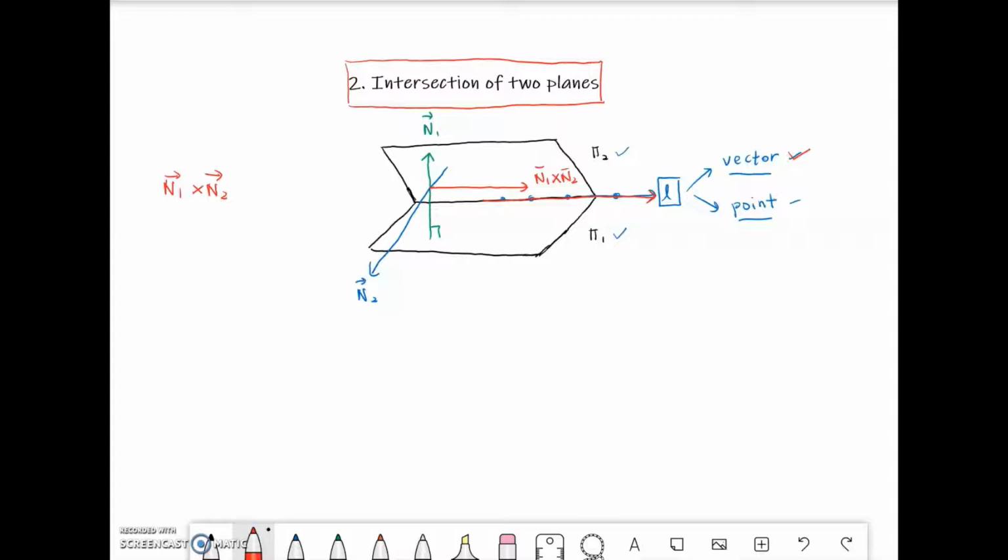Another thing is that we have to find the point. The point must be given somewhere on this line.